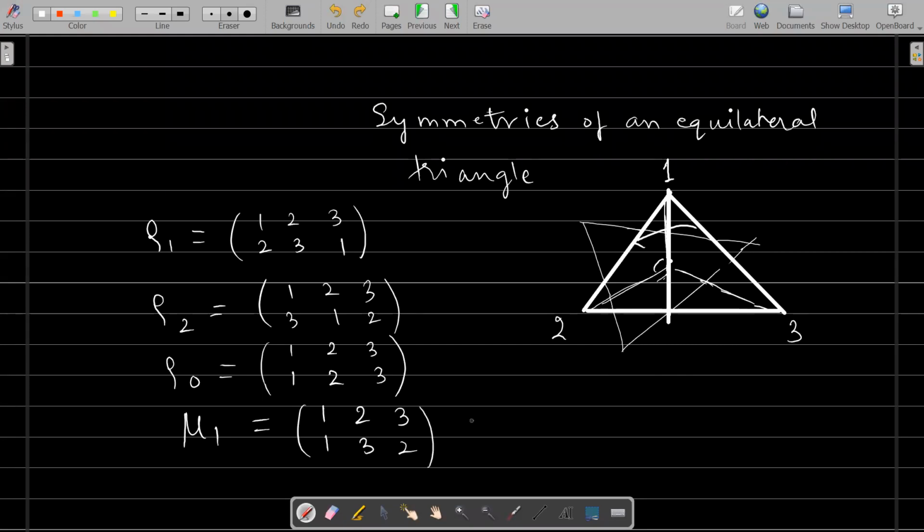Similarly, I can place a mirror at 2. And what will be mu2? So 2 is fixed. The point which lies on the mirror is fixed, and the other 2 will get exchanged among themselves. So 1 goes to 3, 3 goes to 1. Mu3, where 3 is fixed: 1 goes to 2, 2 goes to 1.